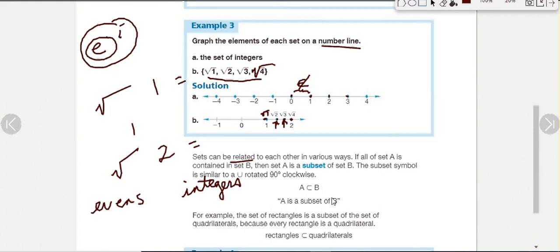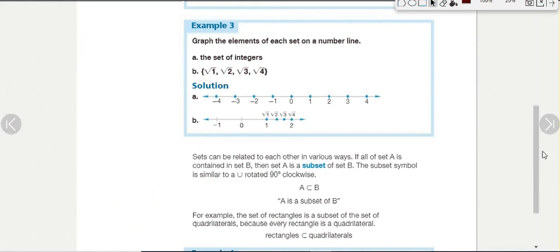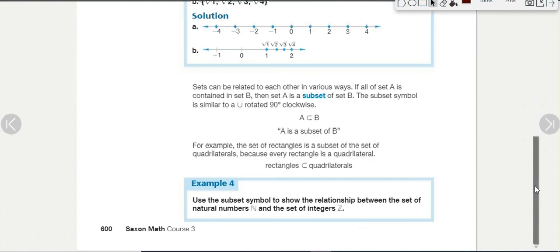Since they are all inside of that set, we use the symbol like a sideways tipped over U, meaning is a subset of. So remember, this meant is an element of. This means is a subset of. So like rectangles, yes, they're a shape, but they can be an element of a set. They are a subset of quadrilaterals, because every rectangle is contained in that classification of quadrilaterals.